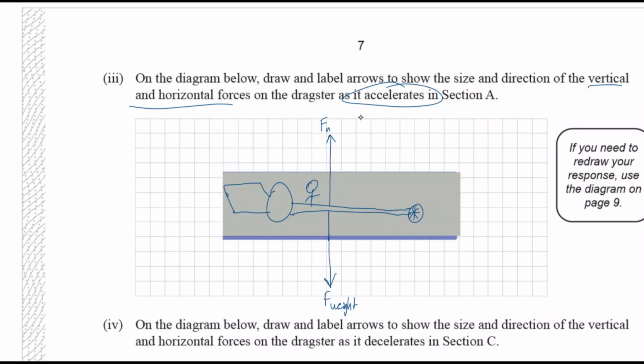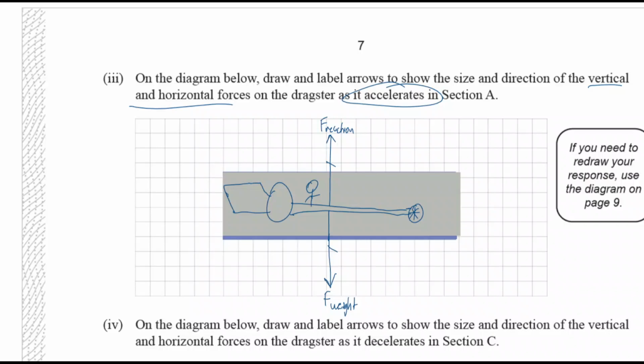Yeah, let's use reaction. Normal just means it's perpendicular to the ground. Let's say reaction force. And these two forces will be equal. Right? They'll be equal, which tells us it's not accelerating vertically, or falling through the ground or flying. So those would be our vertical forces.